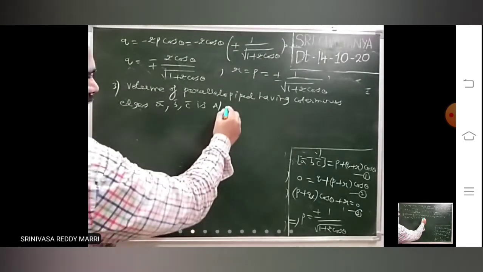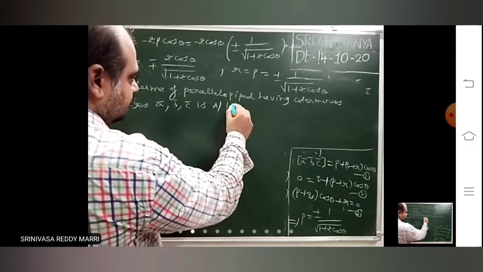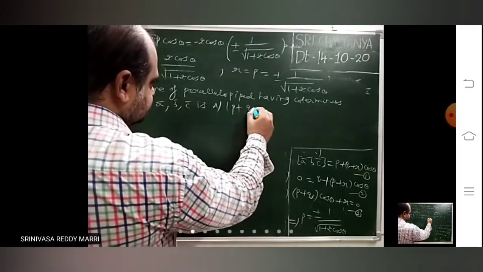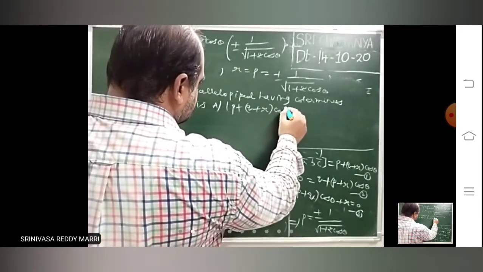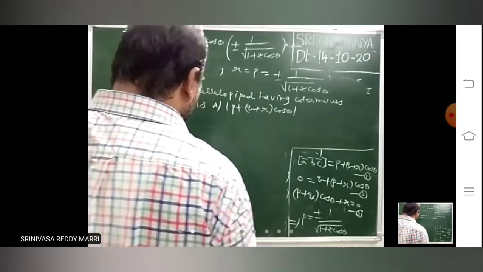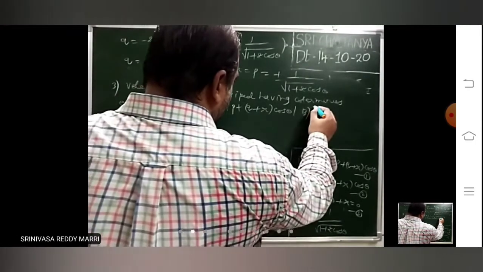Look at the options. P plus Q plus R cos theta. B, modulus.